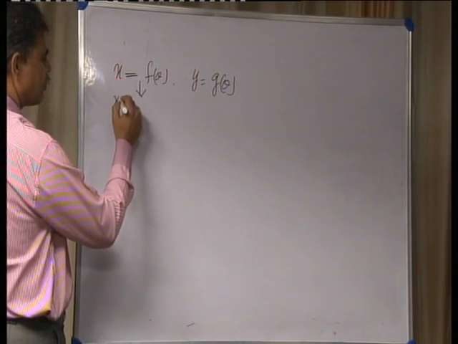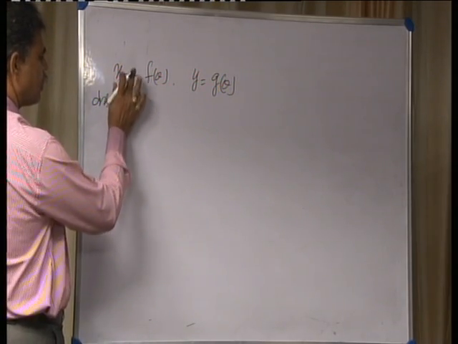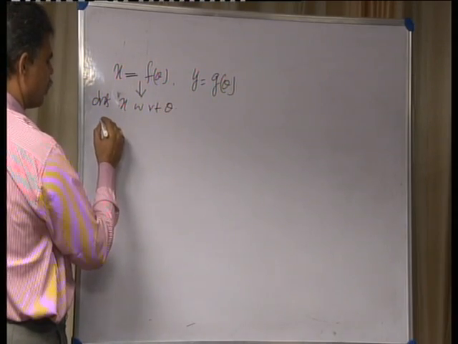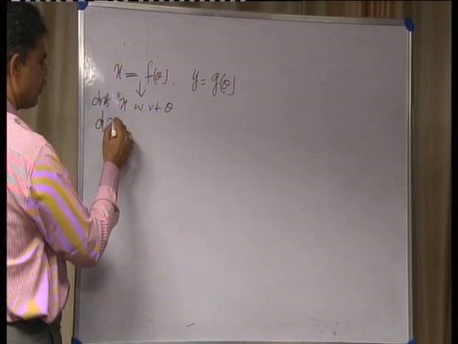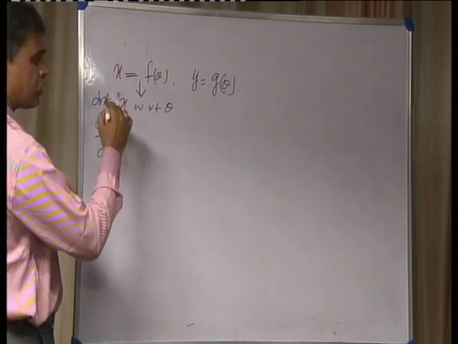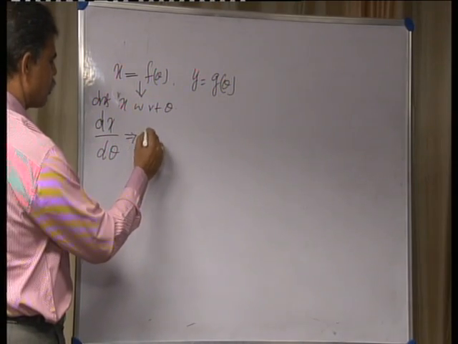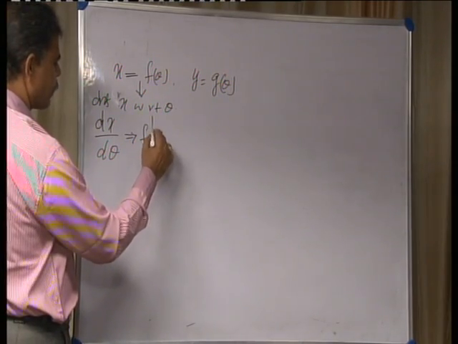So, differentiate x with respect to theta, we get dx divided by d theta, which I will call f dash theta.